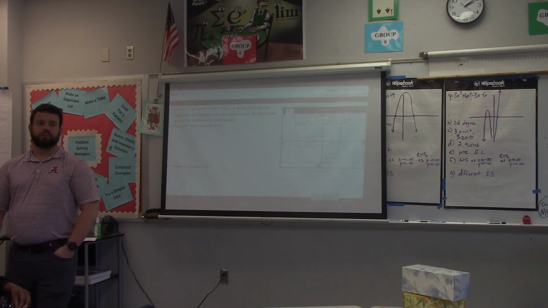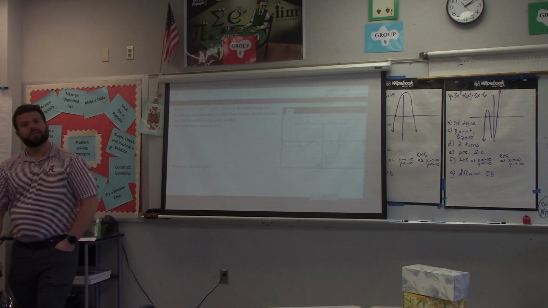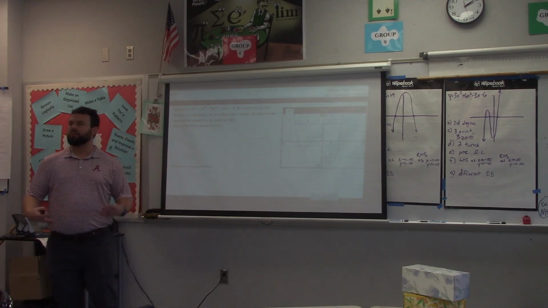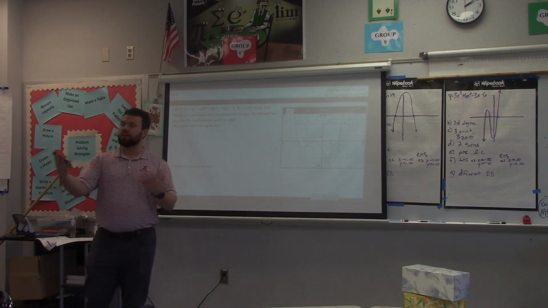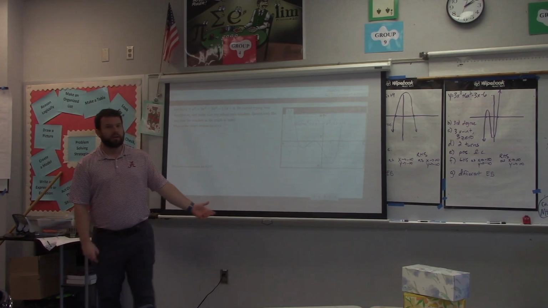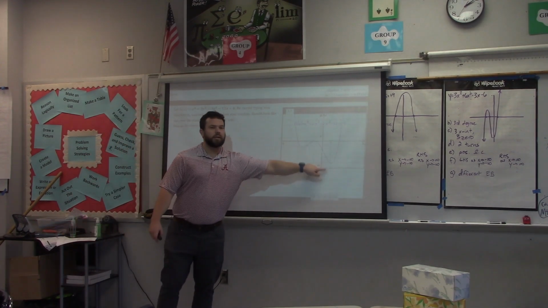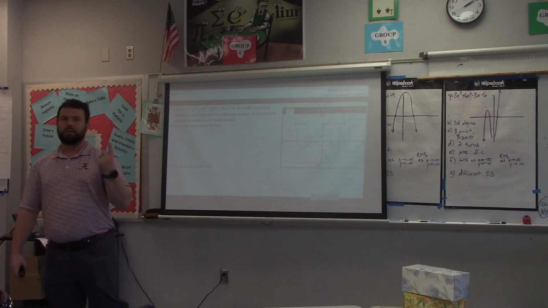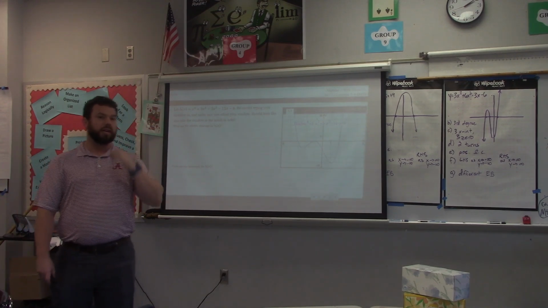Yes, minimum, maximum, but there's a T word that I started using. Turns, right? If it turns, it's an extrema. So how many turns are there? 3, right? So we should have 3 relative extrema, 2 minimum and 1 maximum. You can use your calculator to find those.